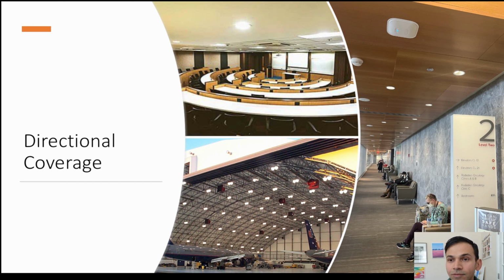Or if I go back to my memory, I designed a hangar, it was a complicated situation with very few options, using directional patch antennas, and it looked bulky, not aesthetically appealing. Or in healthcare with long hallways, or from an enterprise point of view, it is still the same. A lot of omnidirectional APs are being installed and the roaming takes place. Is there a better way that we can take care of this?